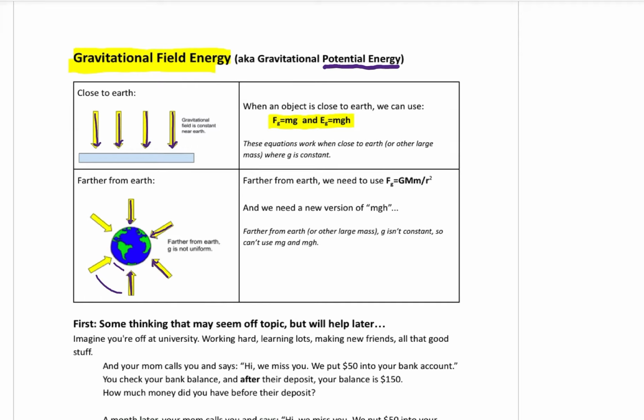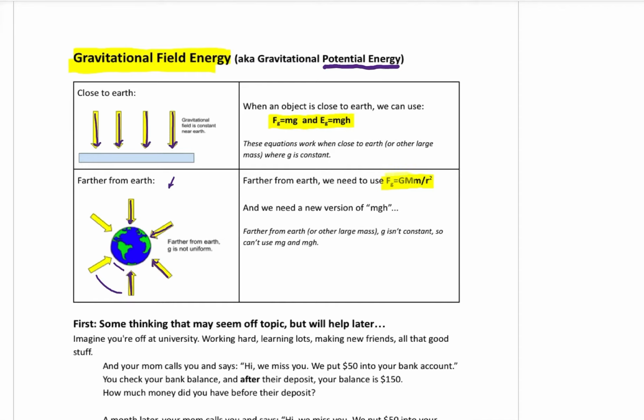If I wanted to draw the gravitational field really far from Earth, it would always point towards it, but those arrows would get smaller and smaller to illustrate that the field gets weaker and weaker as you're farther from Earth. Basically, we replace the Fg equals mg equation. When we're farther from Earth, we have to use this more general case, the GMm over r squared version of the force equation, Newton's gravity, or sometimes called the universal force of gravity equation.